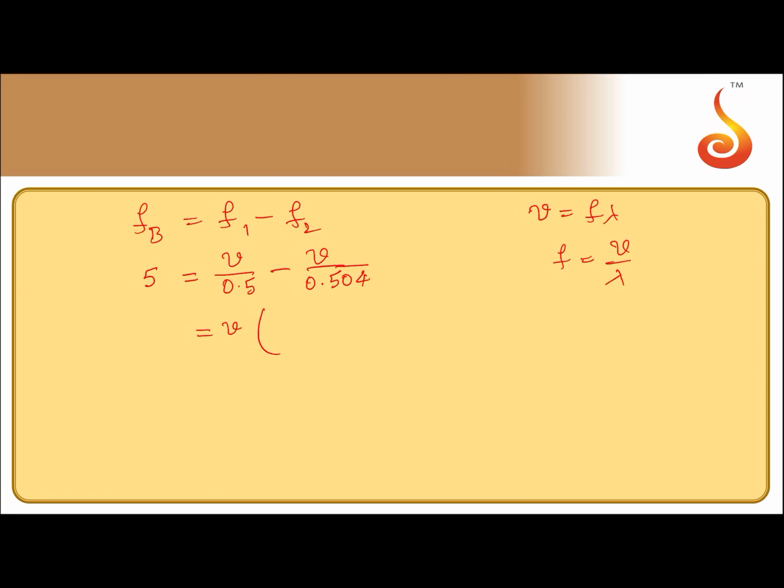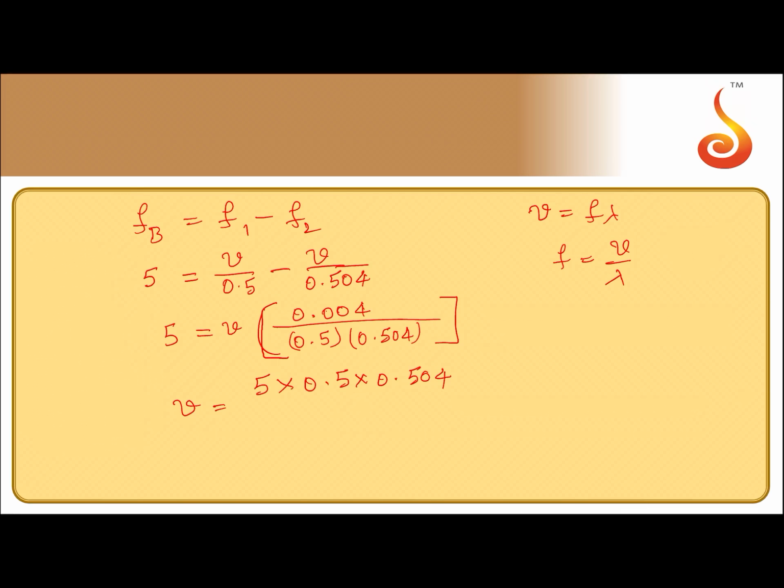So I can take v outside. Here we will be left with 0.5 into 0.504 in the denominator, and the numerator will be 0.004. This is what you get if you take the LCM. Now cross multiply and send everything to the other side: 5 into 0.5 into 0.504 divided by 0.004.